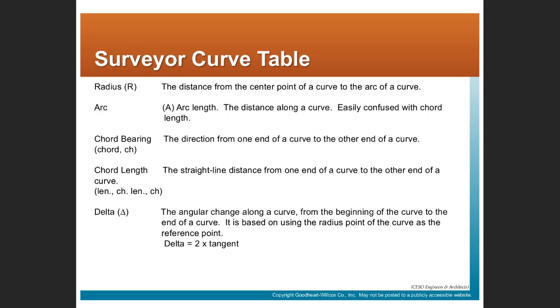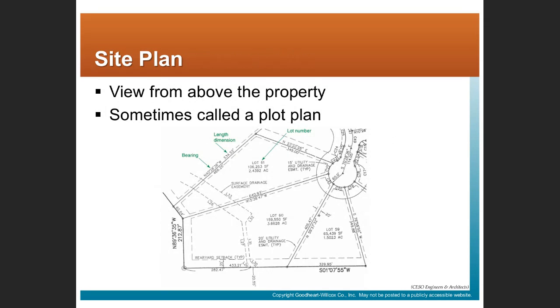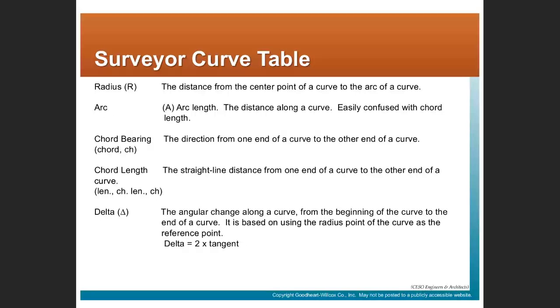Right, so here's again, in the textbook, the surveyor's curve table. I picked this up off the web and stuck it here, but I have to admit that I don't really fully understand what all these definitions are. Suffice to say, if you're a land surveyor, this would be the business that you do.